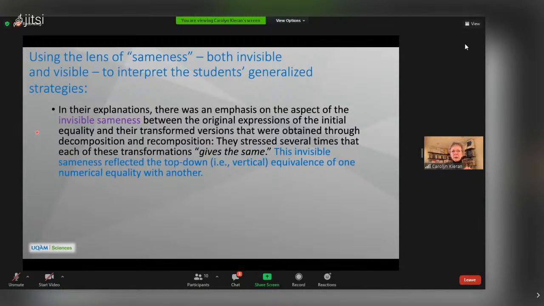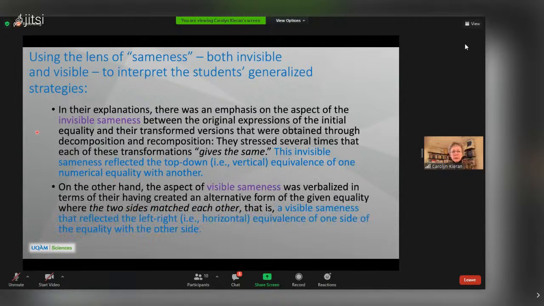They stressed several times that each of these transformations gives the same. This invisible sameness reflected the top-down vertical equivalence of one numerical equality with the other.